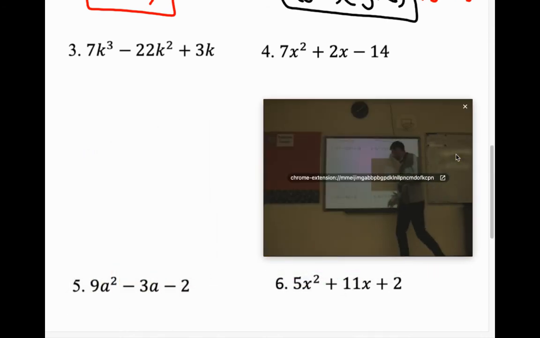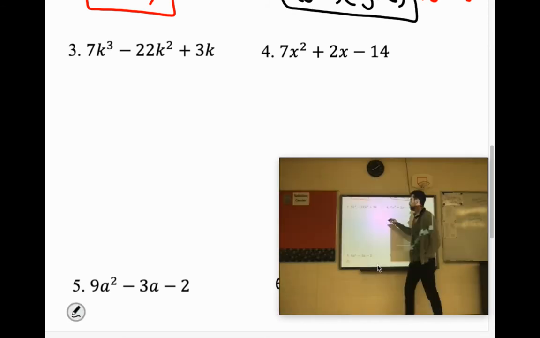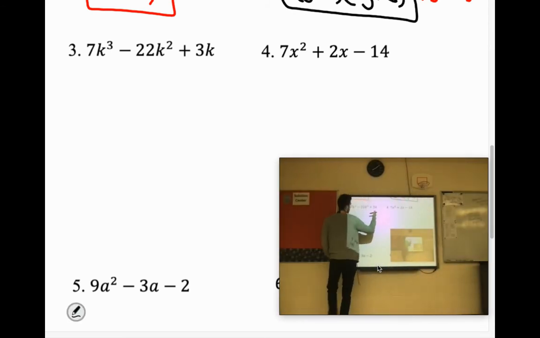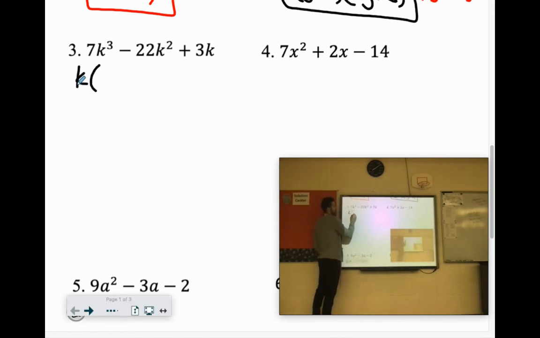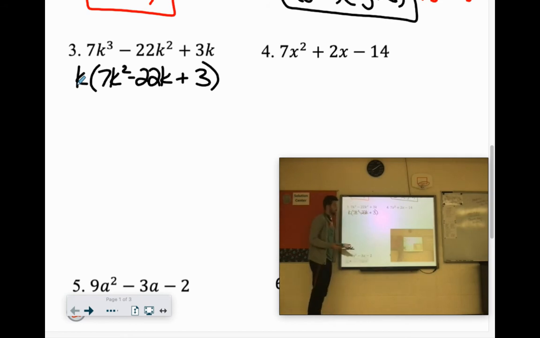Same first step as always. Look for a GCF. So here, the only thing that goes into all of them is a k. So we factor out the k, we're left with 7k squared minus 22k plus 3. Same second step.